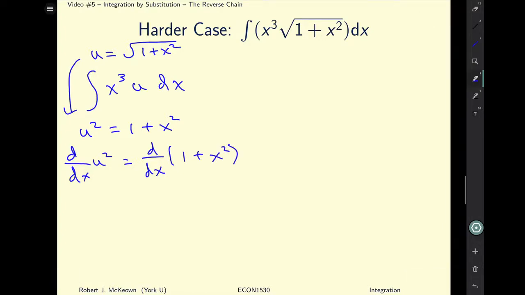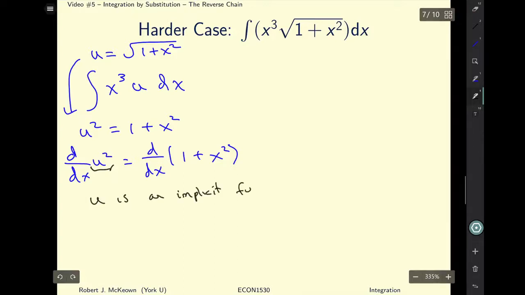And I want you to remember from chapter 7 that u is an implicit function of x.